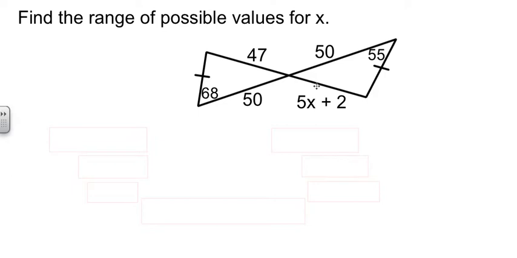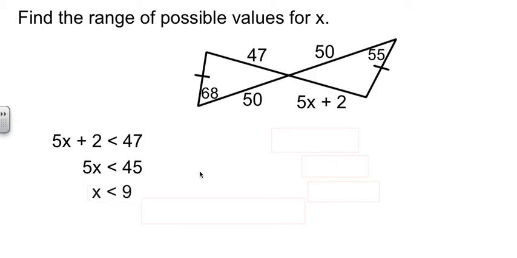So we know for sure how to compare these two things. The 68-degree angle is bigger than the 55-degree angle. So 5x plus 2 has to be less than 47. So solving that, we find out x has to be less than 9.